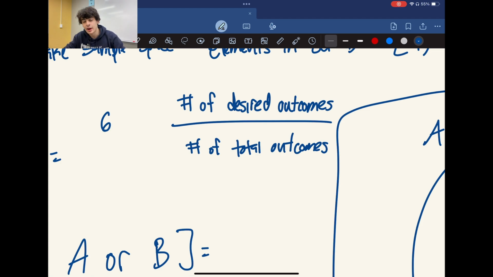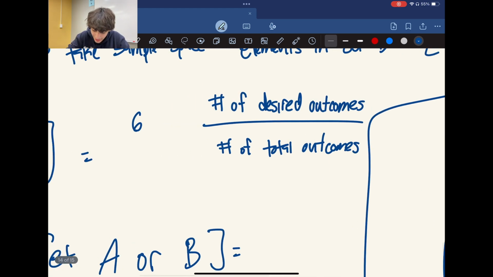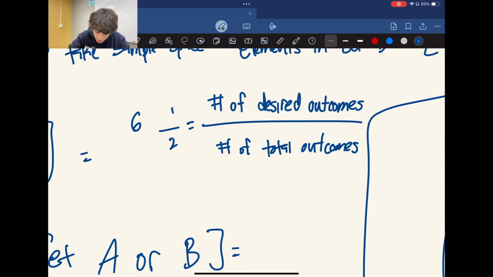If you want to calculate the probability of flipping heads on a fair coin, which we all know is 1/2, there are 2 outcomes, heads and tails, and the desired outcome in this case is heads. So heads over heads or tails would be equal to 1/2, 50%, or 0.5 in probability notation. We define everything as a decimal and the total sum of probabilities to be 1, sort of similar to percentages.